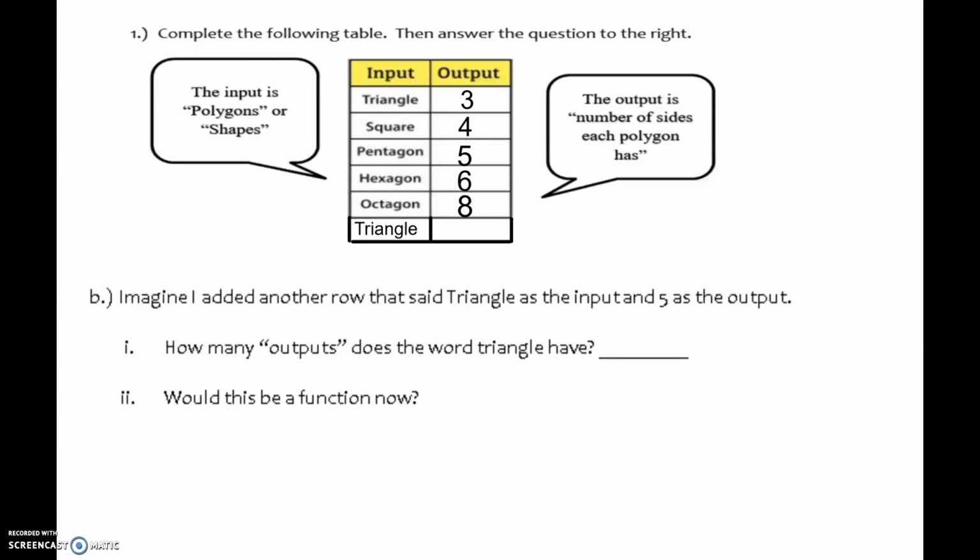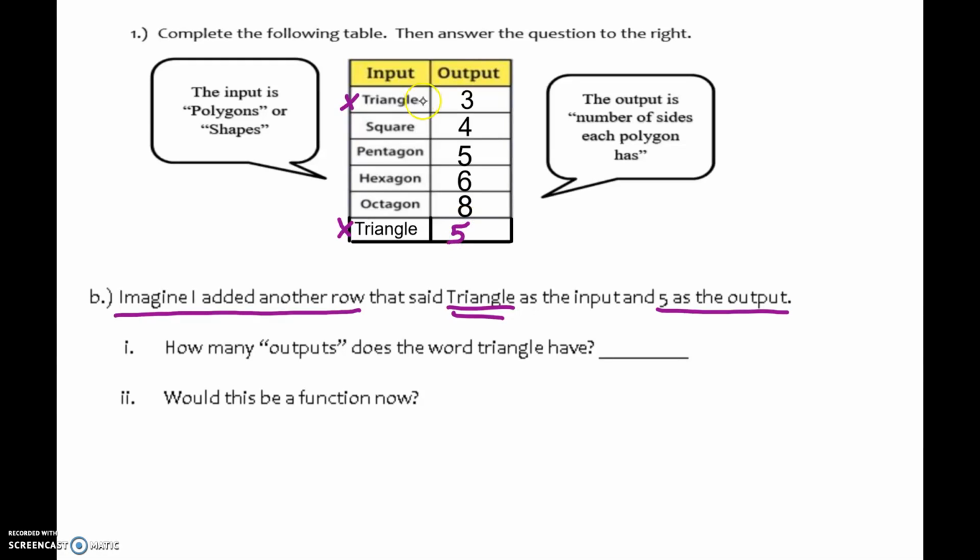So now using this table again, let's answer question B. Imagine that you added another row in our table that said triangle. So now you have the input triangle in 2 places. And this one had an output of 5.